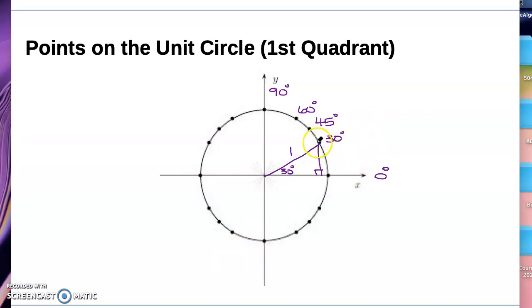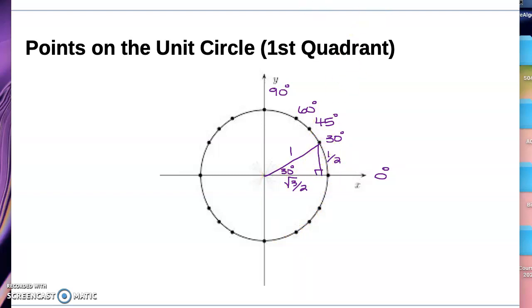And we want to think about where that ordered pair would be. Well, I can use the sides of this right triangle to help me figure that out. The short leg across from the 30 is going to be half of the hypotenuse, so this is going to be 1/2. And then we take the length of the short side and multiply it by radical 3 to get the length of the longer side, which is opposite of 60. So I've put these two sides of that triangle in.